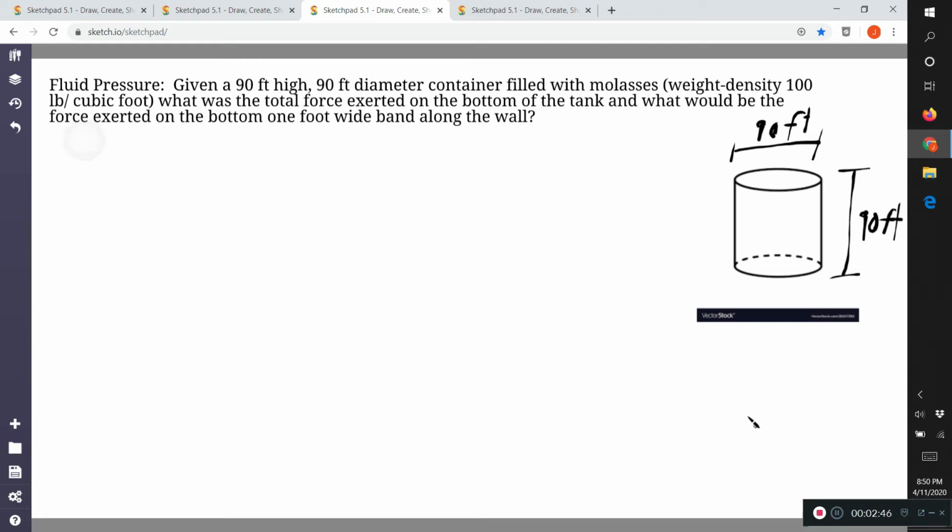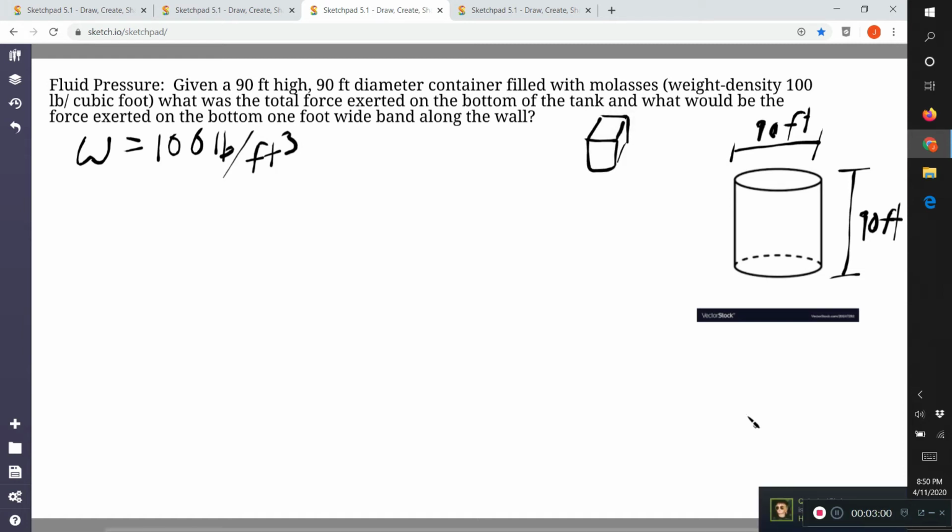Molasses has a weight density of about 100 pounds per cubic foot. So let's think about that a second. We can all imagine a box that is 1 foot by 1 foot by 1 foot. And we're saying that one of those boxes weighs 100 pounds. If that's true, this is a pretty dense liquid. It's pretty heavy.